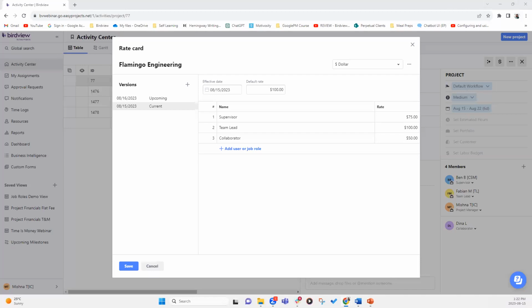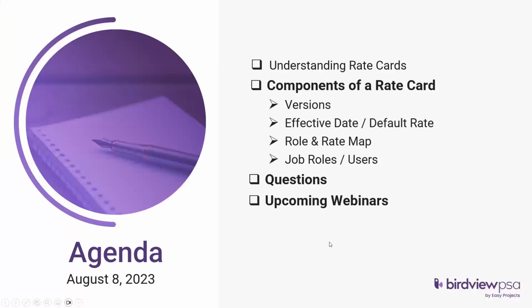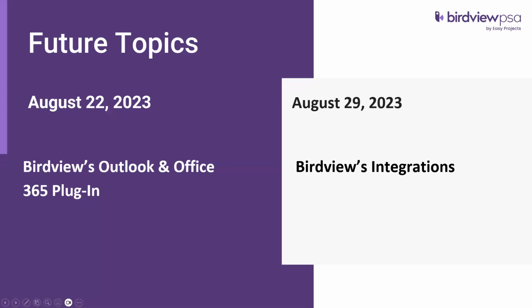One thing I will share with you is our upcoming topics. On August 22nd, we are going to review how Birdview integrates or plugs in with Outlook, the classic desktop version, as well as Office 365, and how it interacts between Birdview and Outlook.